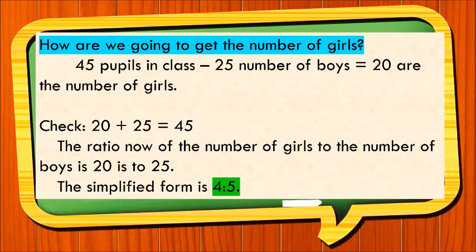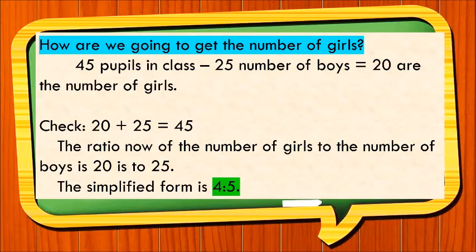This means that 20 are girls, 25 are boys in the class. So we can determine now the ratio. What is the ratio of the number of girls to the number of boys? It is 20 is to 25. So we answered the first question.